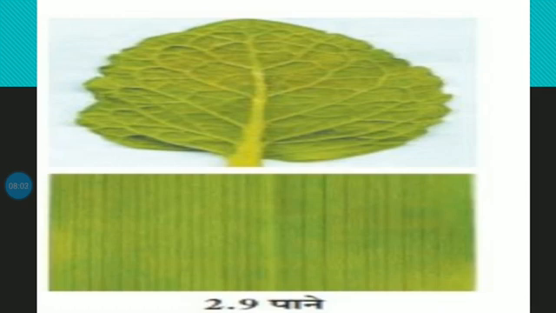Shape of leaf margin, linear. Shape of leaf apex, pointed. Petioles, no. Stipules, no. Arrangement on stem, yes. Arrangement on stem is of the alternate type. Okay, so this is about the maize.